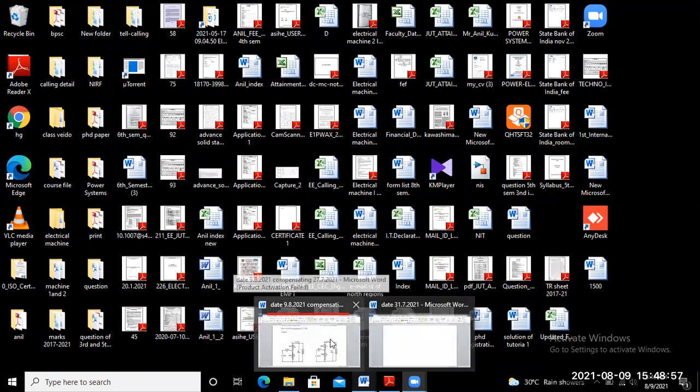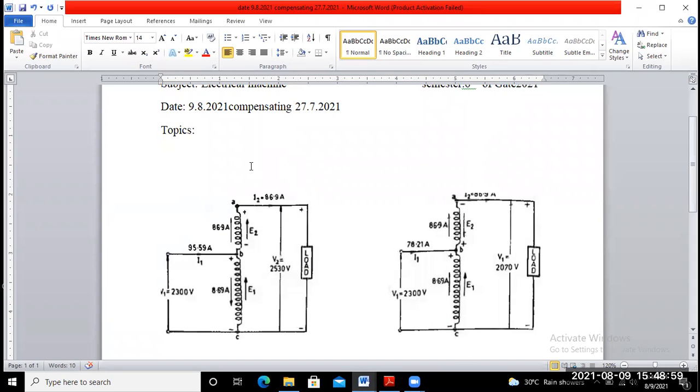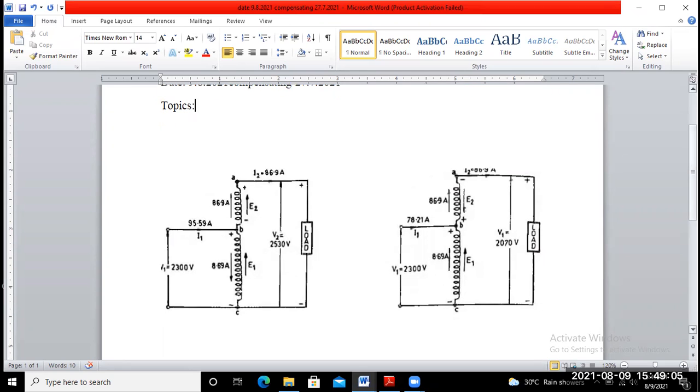Today we consider a problem based on the auto transformer.